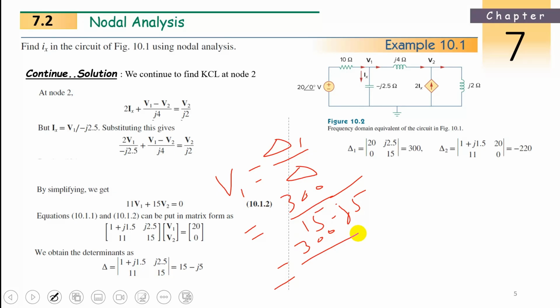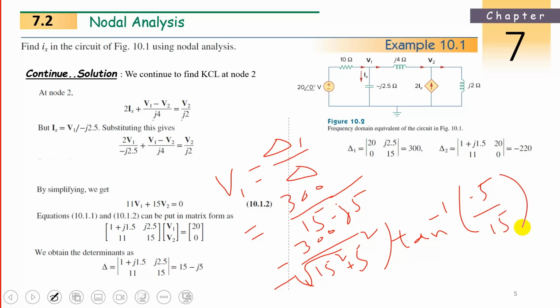So 15 minus j5, how to convert into polar? It is the square root of 15 squared plus 5 squared. Now the angle is tan inverse of B by A, that is minus 5 divided by 15.